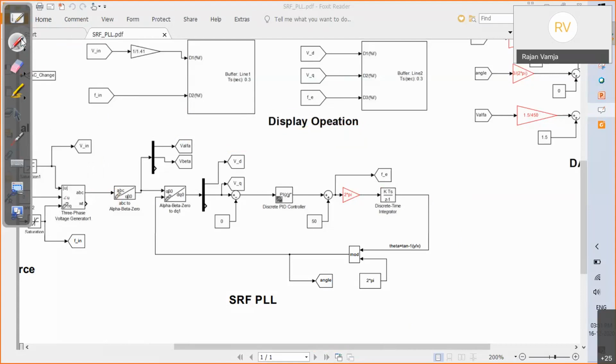Here ABC is first converted into dq, and the angle is given using this theta dq, which forcefully makes the vq component 0. This vq component we have made the frequency over speed of the axis.